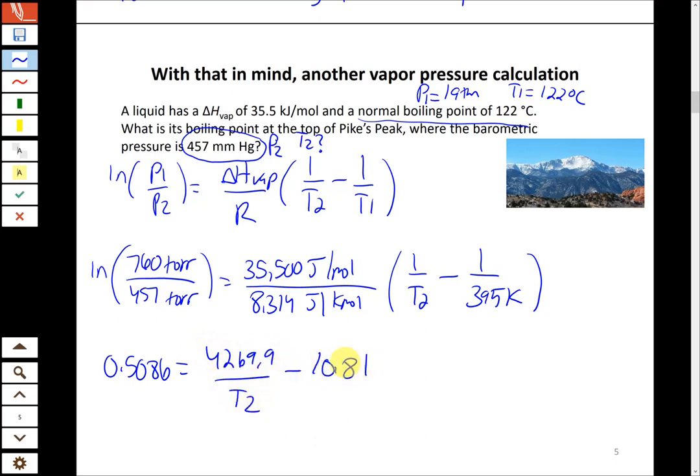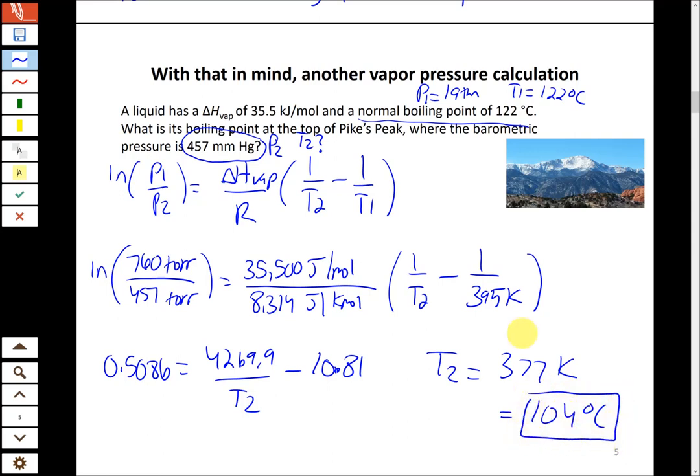I'm working through some of the intermediate steps because this algebra is a little different than stuff we've done before. We're just distributing the terms and dividing these two numbers. And then we do a little more algebra to solve for T2, which should be 377 Kelvin, or 104 degrees Celsius. I didn't specify units here, but Celsius is more commonly used in quoting temperatures.